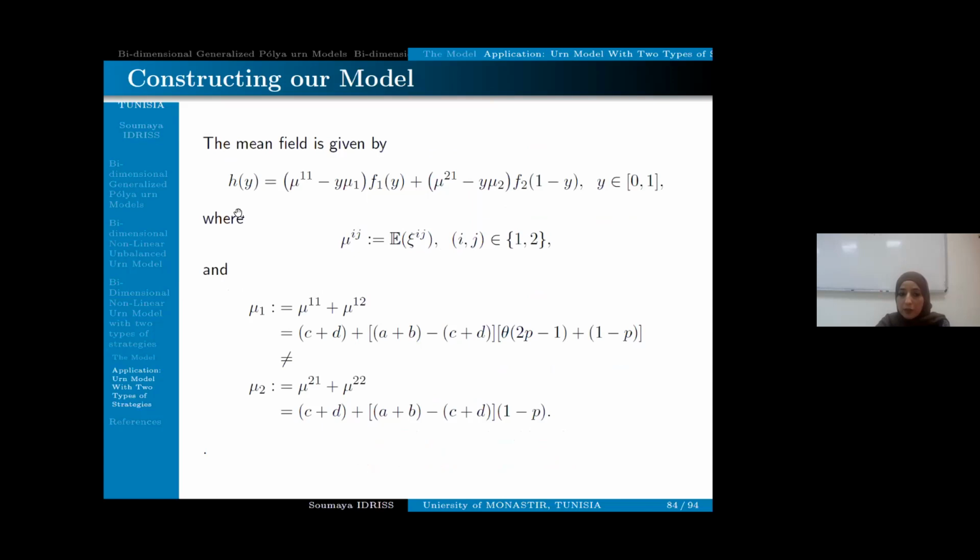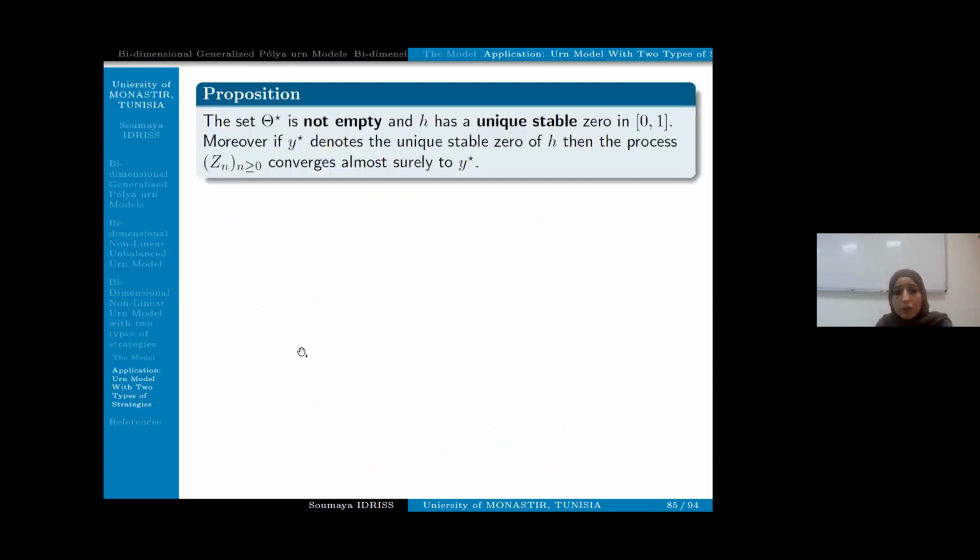Finally, the mean field is given by this expression. And as you can see here, mu1 is different from mu2, which is the sum on the first column, and this one is the sum on the second column. Therefore, the mean matrix is not balanced.